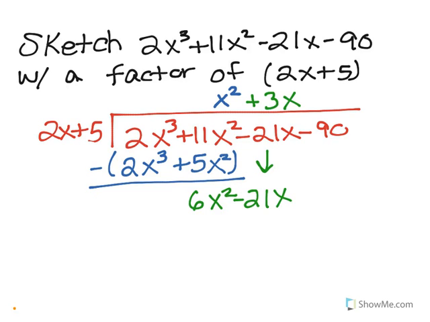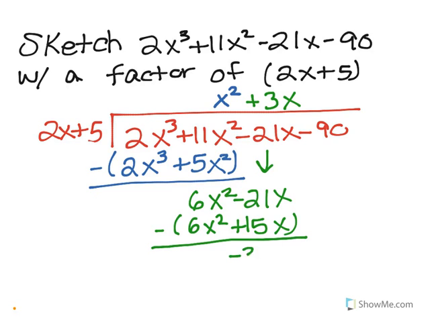And then I'm going to take 3x, multiply it by my divisor, 2x plus 5, and get 6x squared plus 15x. Alright, now I'm going to do the subtraction problem, which is going to be negative 21x minus 15x, and I'm going to get negative 36x.